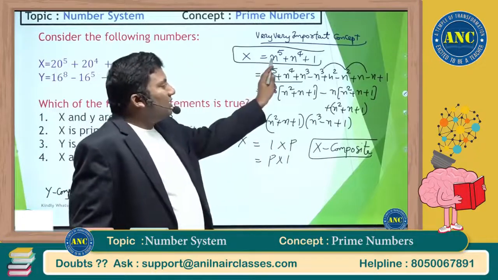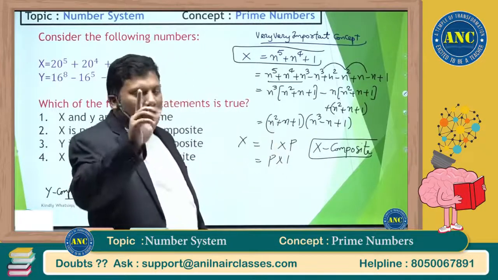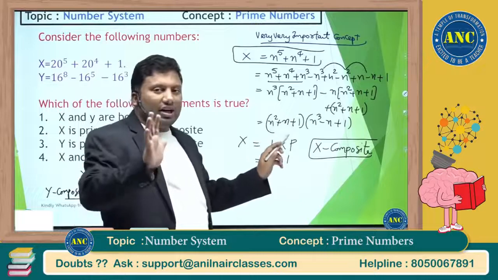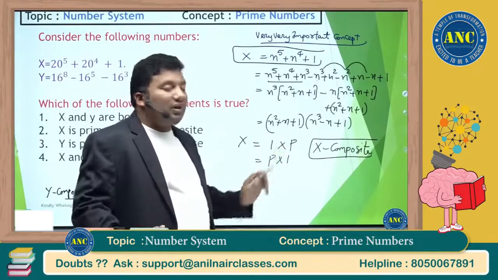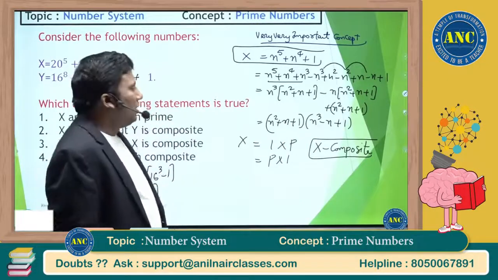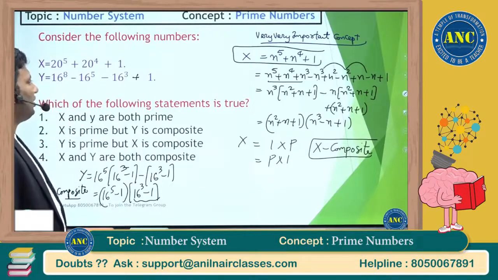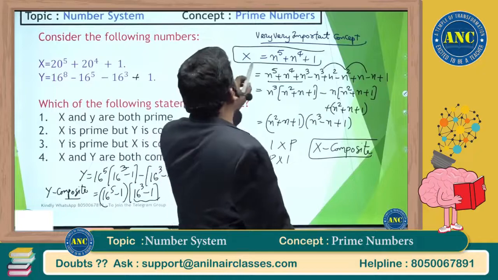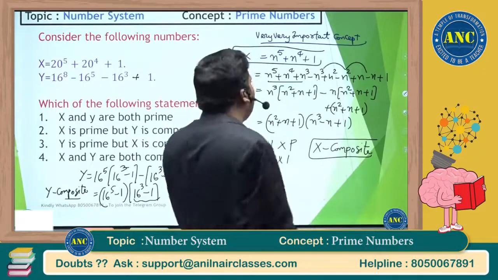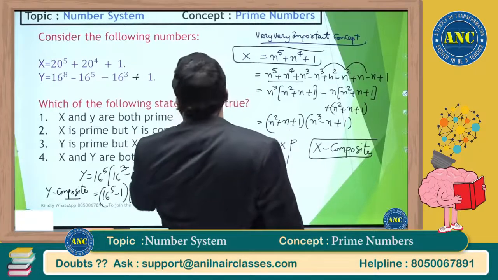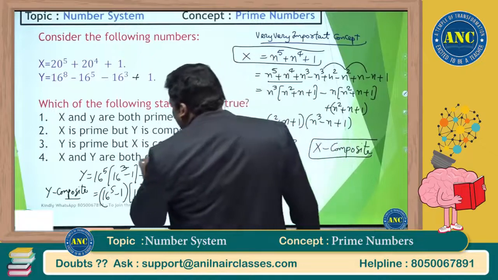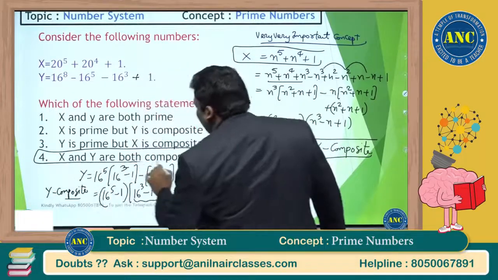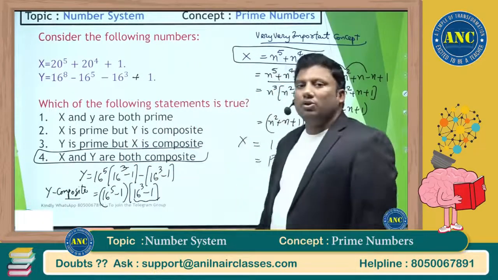Why? Because if it is a prime number, one factor should be 1. There is no 1, there are some other factors other than 1. So therefore it becomes a composite number. So the answer is x and y both are composite.